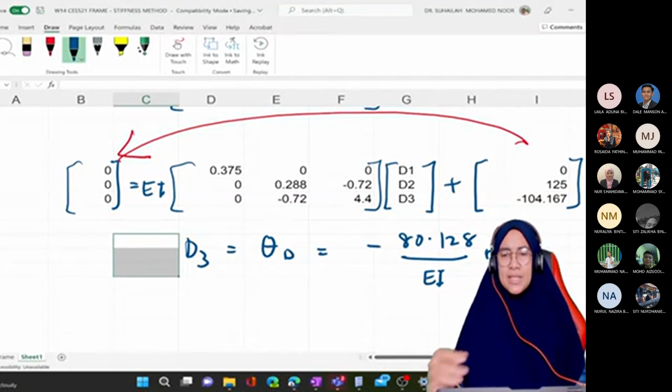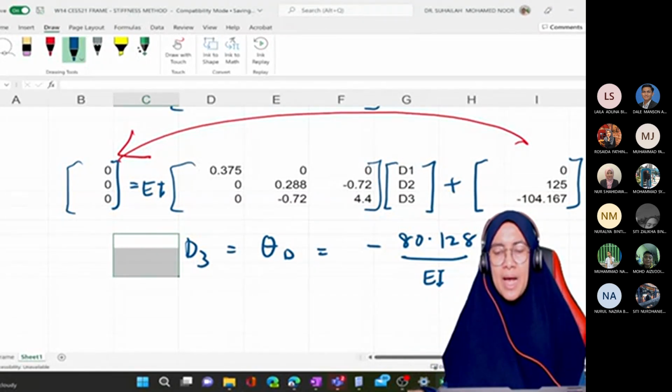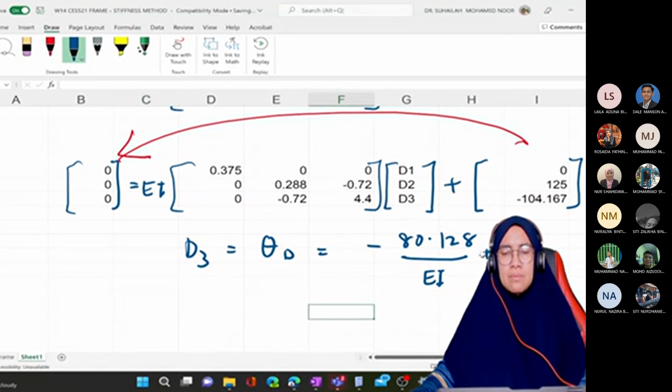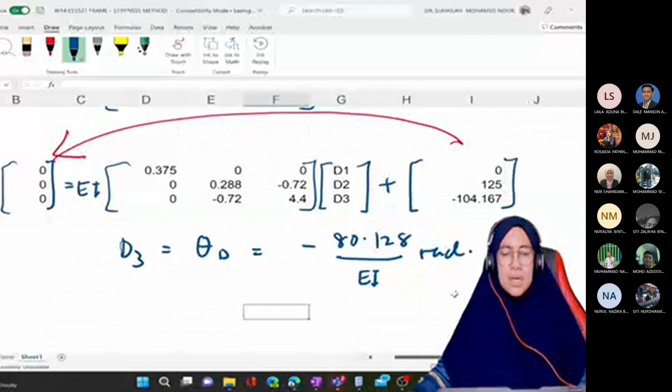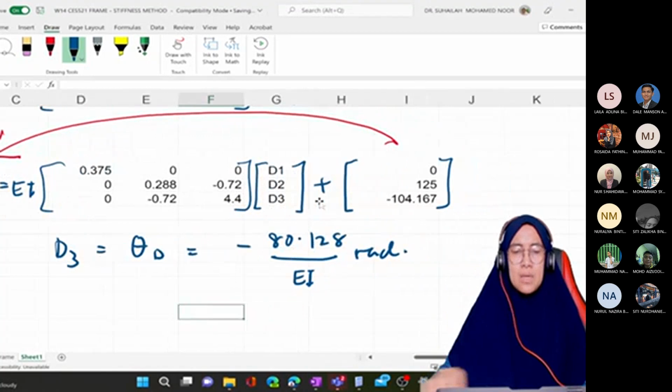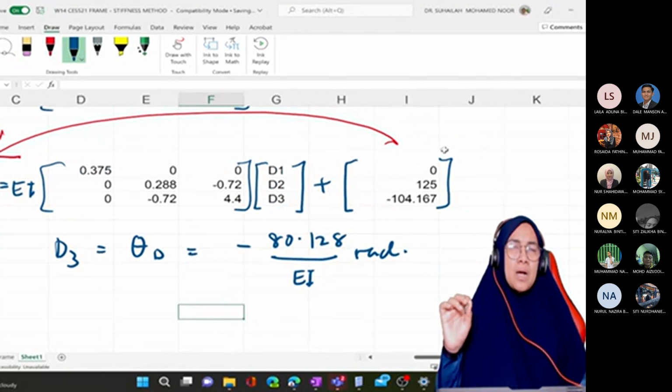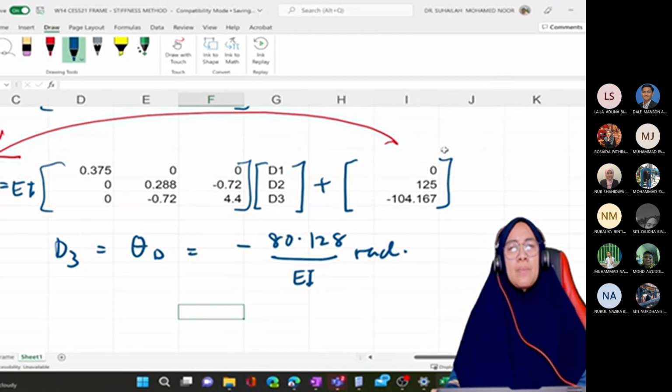Okay, if EI is given, then we can divide by EI. If not, we can leave the answer in terms of EI, like this. We solve the stiffness equation by using 3 simultaneous equations.